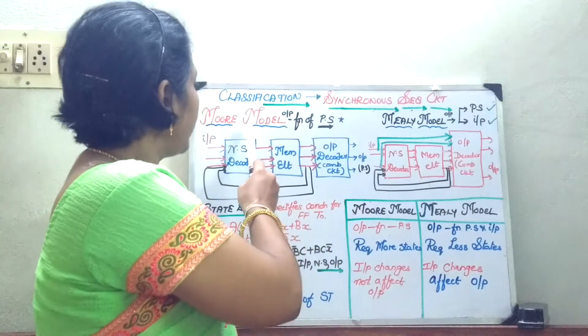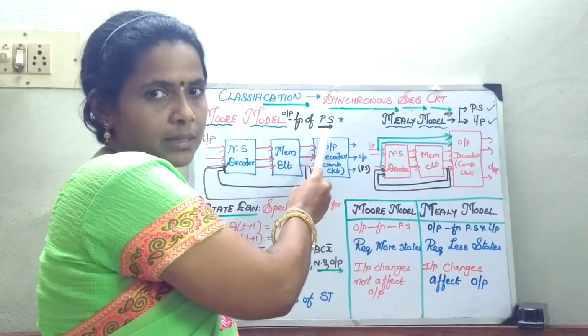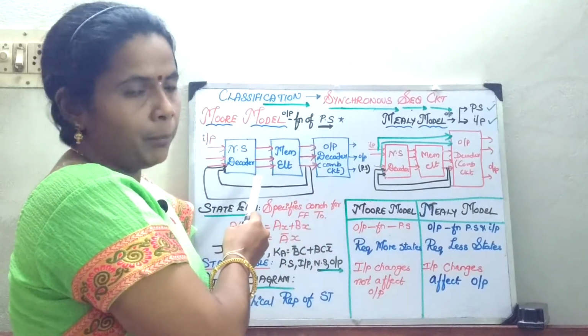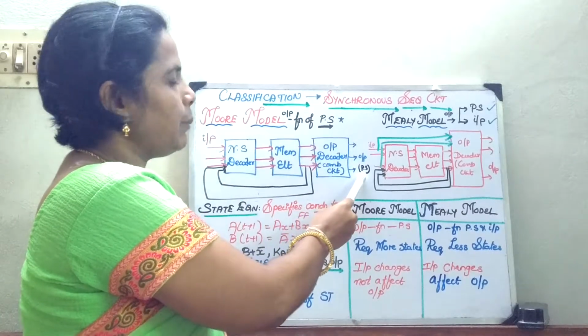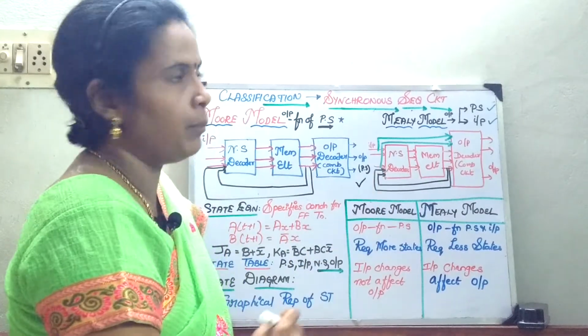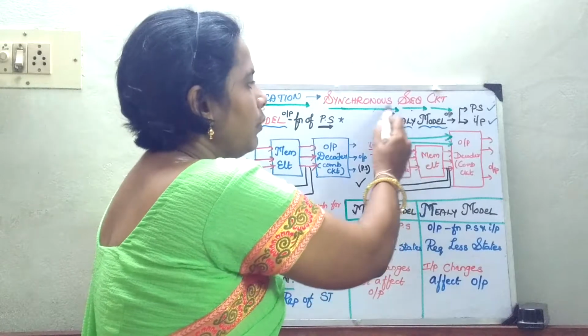If I take the Moore model, here the output is a function of the present state only. So if I take my circuit diagram, here my output is going to depend upon my present state. If that is the case, then it forms my Moore model. Whenever I move on to my Mealy model, just remember the word meals.